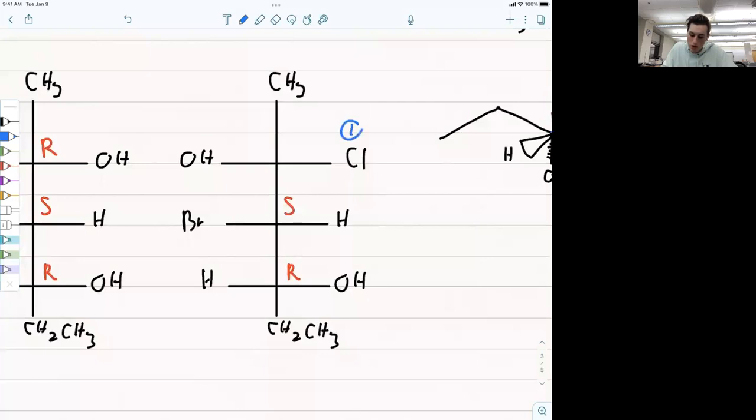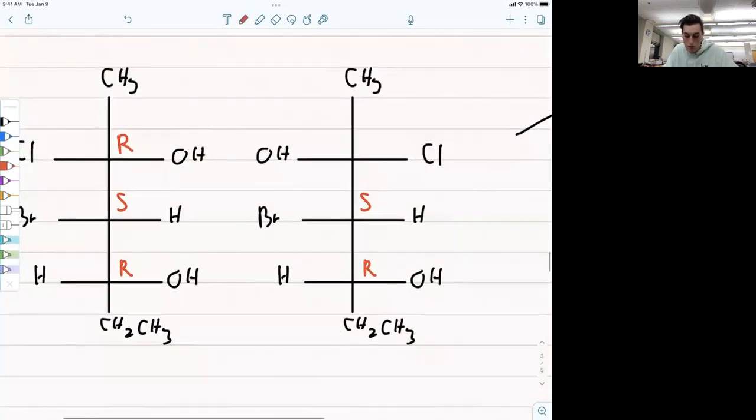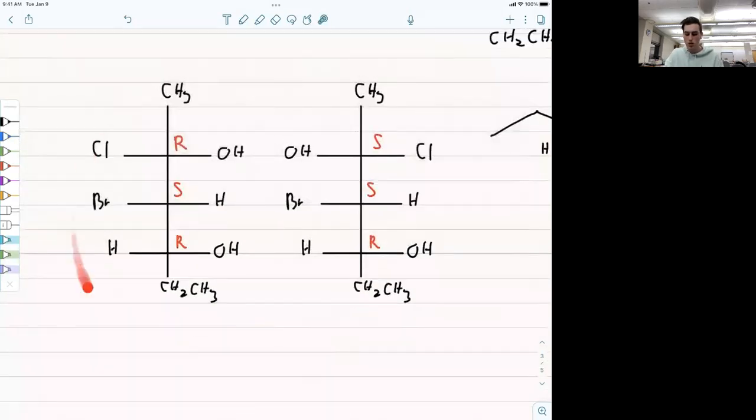I know it's 1, 2, and 3, and then that is going to produce S. And all my lowest priorities are in the back. So that's going to be S, which would be an inversion. So this could be two options here. If I'm looking at these two, are these two diastereomers or enantiomers of each other? And I'll wait for somebody to let me know.